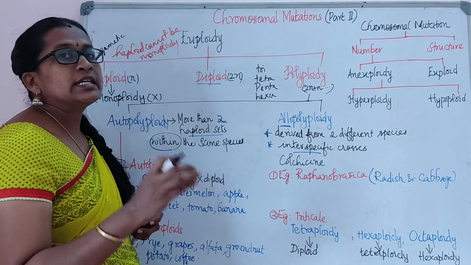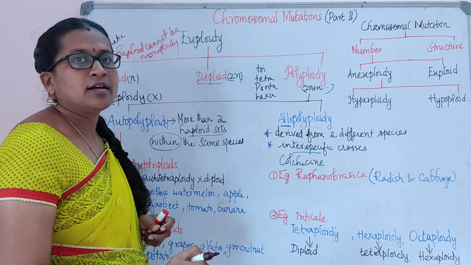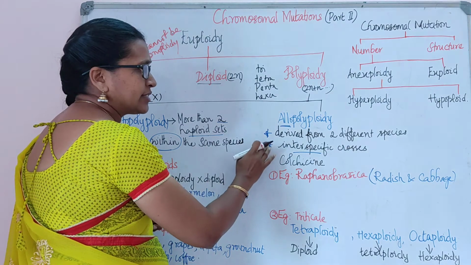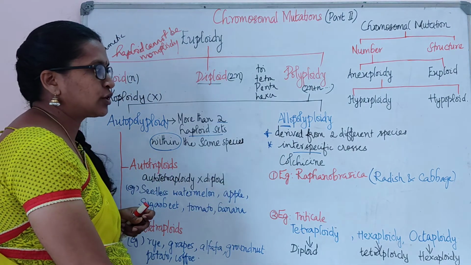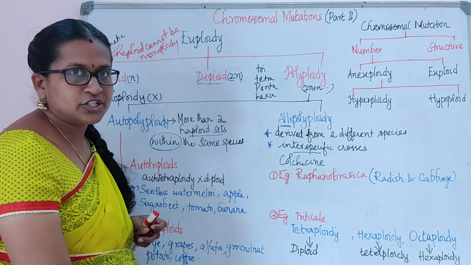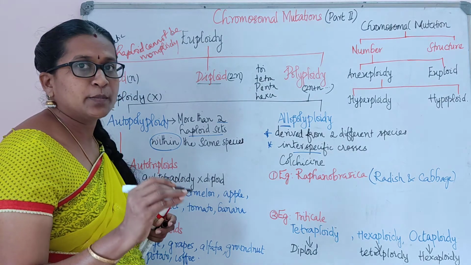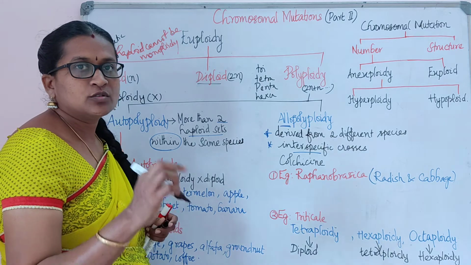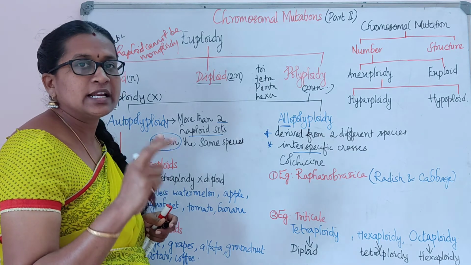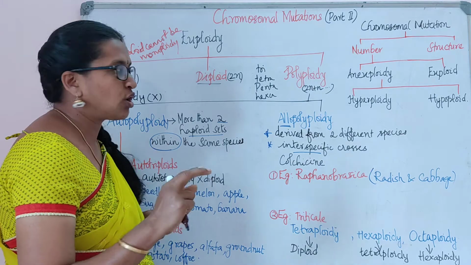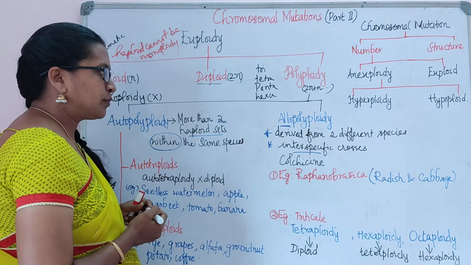Mostly closely related plants are crossed in this type of interspecific crosses, closely related species. And another thing is, the chromosomal number should be the same. So only closely related species can get crossed in this allopolyploidy, right?